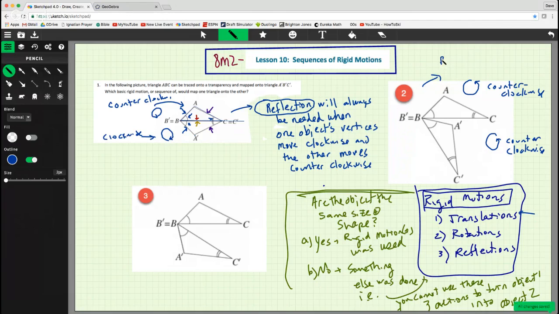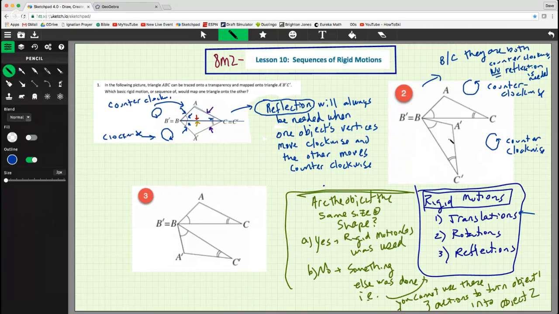Because they are both counterclockwise, no reflection is needed.